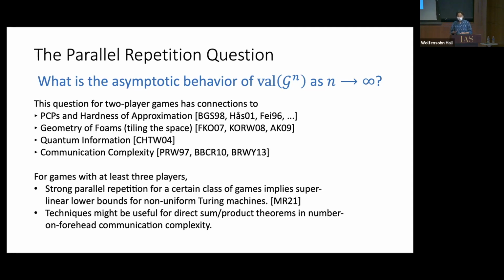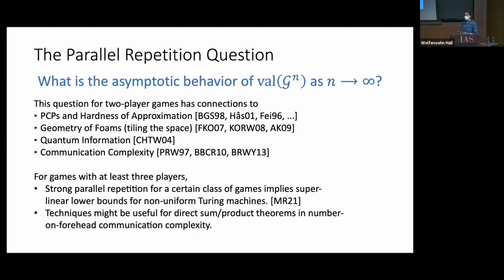It turns out that for 2-player games, this question has close connections with PCPs and hardness of approximation and hardness amplification and so on. It also has connections to other areas like quantum information, geometry of forms, and communication complexity. For games with 3 or more players, it was recently shown by Kunal and Ran that strong parallel repetition for certain types of multiplayer games implies non-uniform Turing machine lower bounds that were not known before.